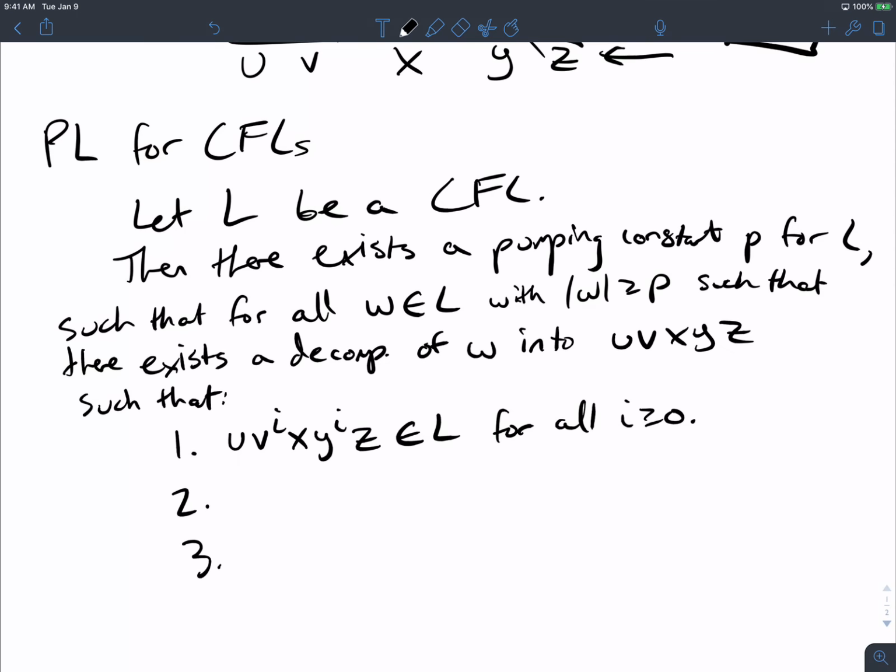So what we require is that the length of V and Y together is at least 1. In other words, V, Y together is not the empty string. It's the same thing.